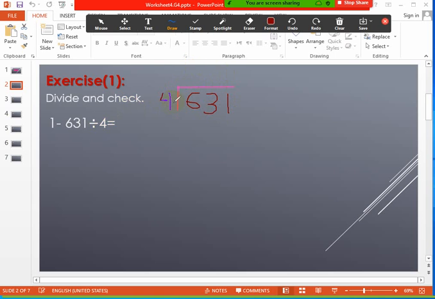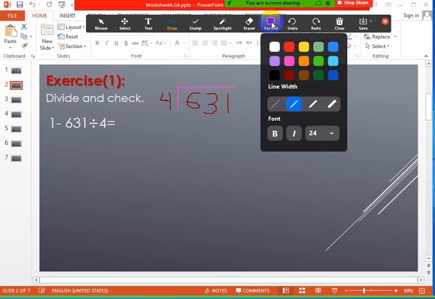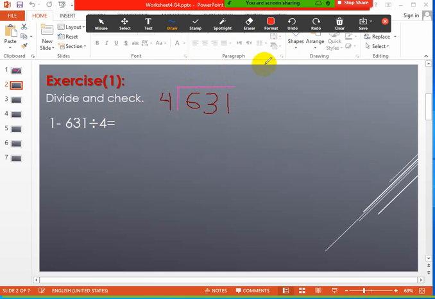Now I want to find the quotient. You remember the strategy for this division. So I will do the first one, then I will ask you to help me divide the other exercises.